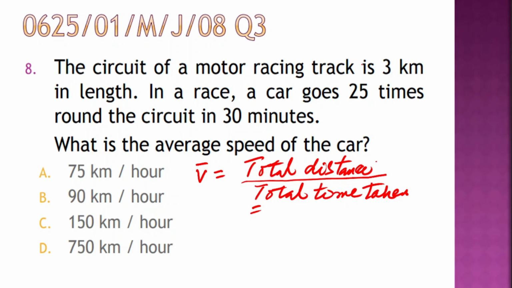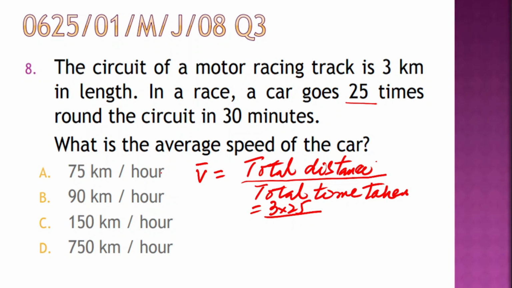So a single track is of 3 km, and the racing car has completed 25 times round the circuit. It means that the distance of 3 km, which is for one complete track, is covered 25 times. So the total distance covered will be 3 multiplied by 25, that is 75 km. And the time taken for this is 30 minutes.